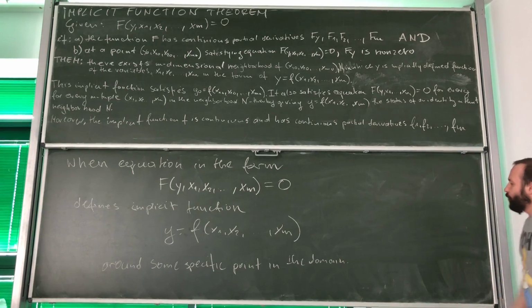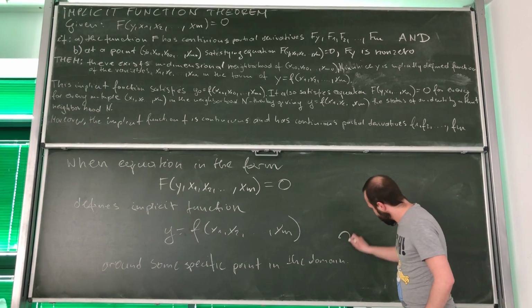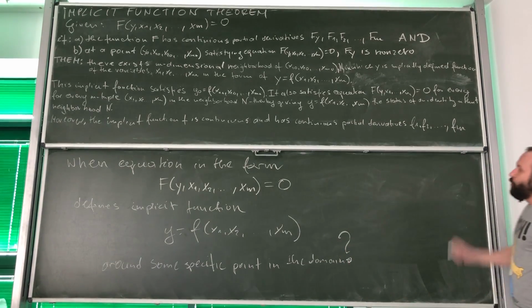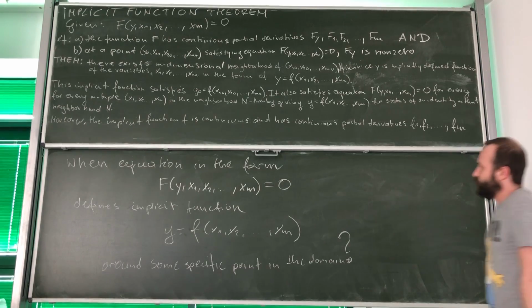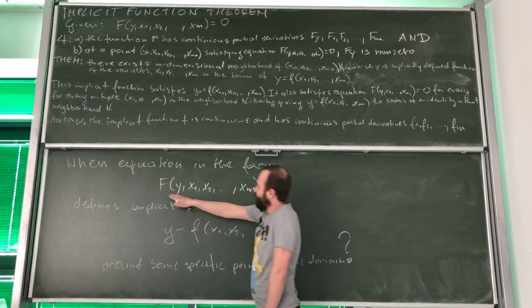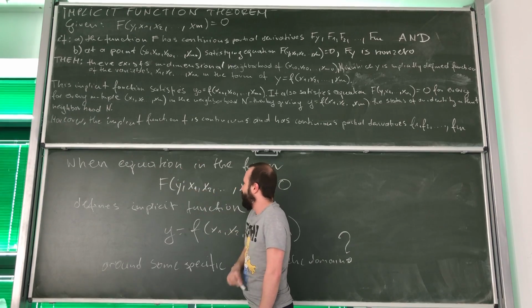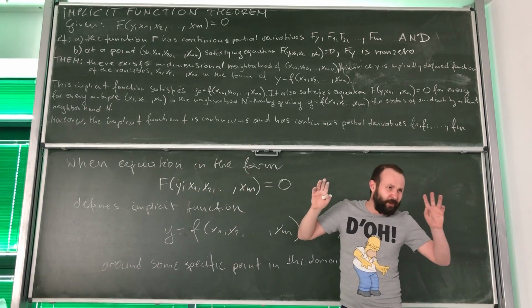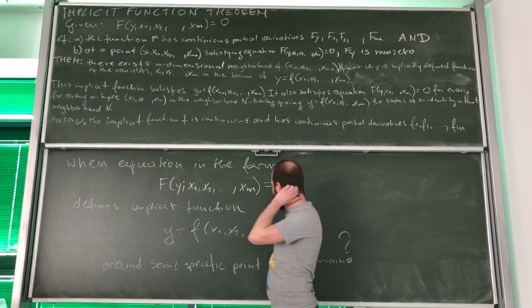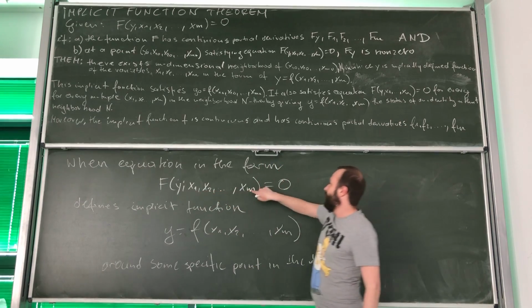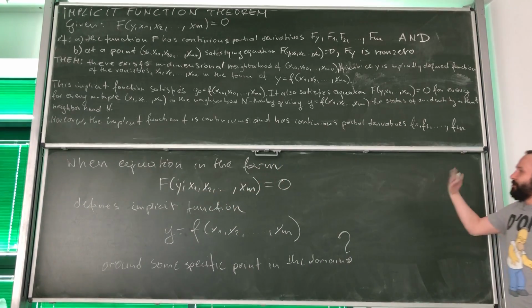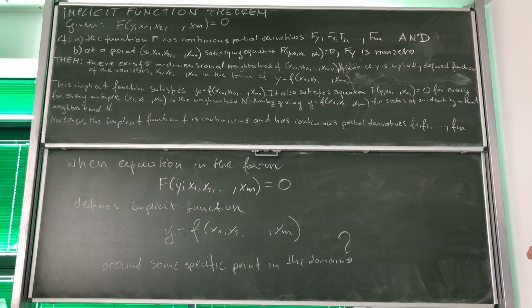Okay, so what do we have over here? We have an equation in this form, where we have one variable that later on we call endogenous, and a number of different exogenous variables.